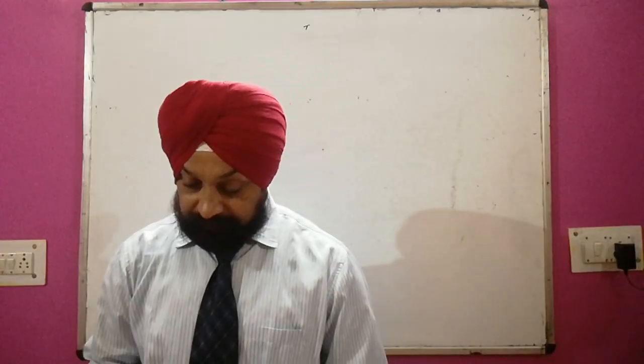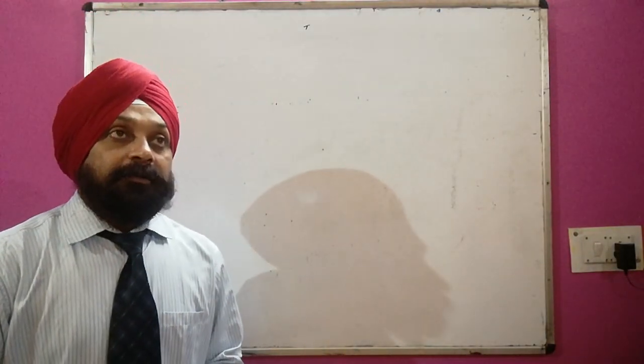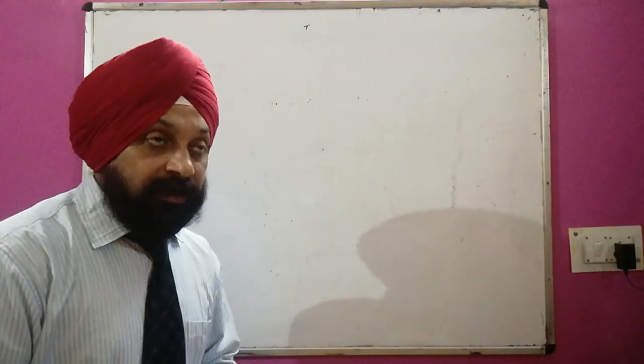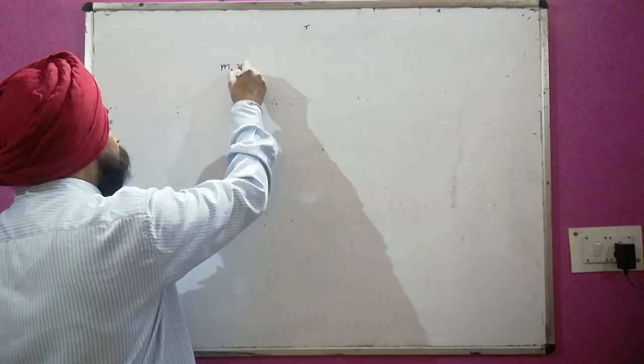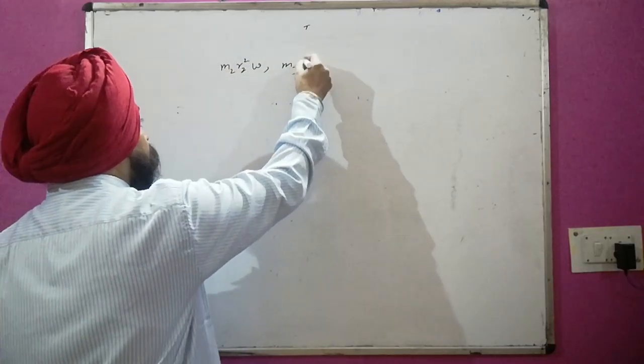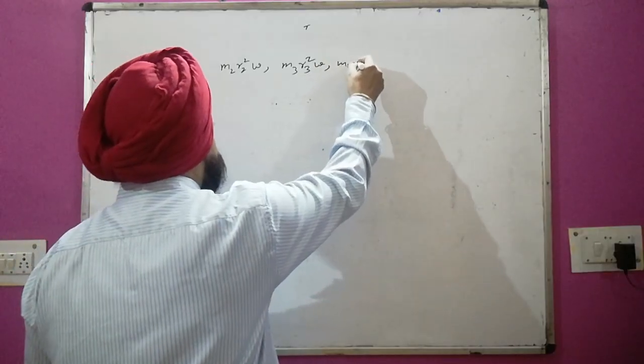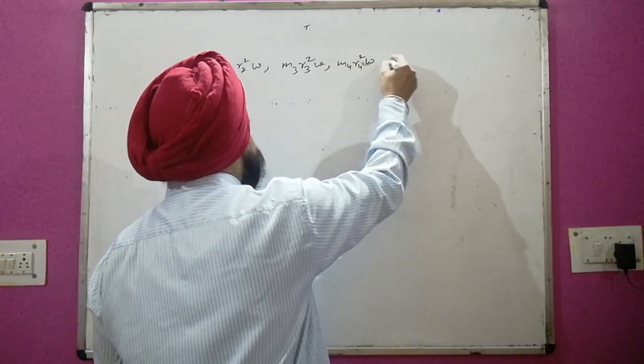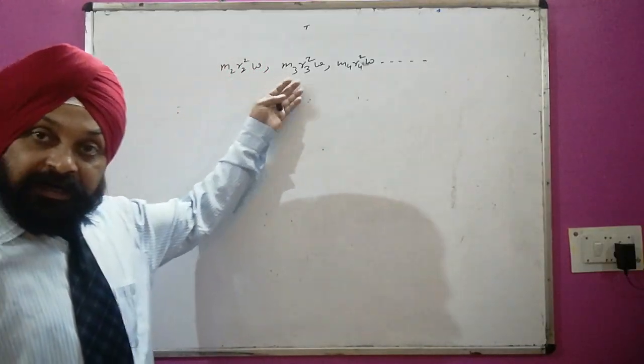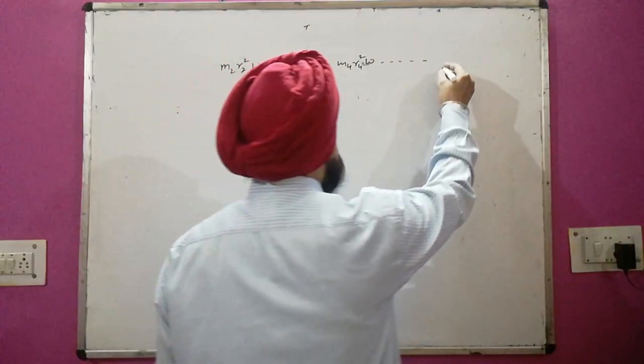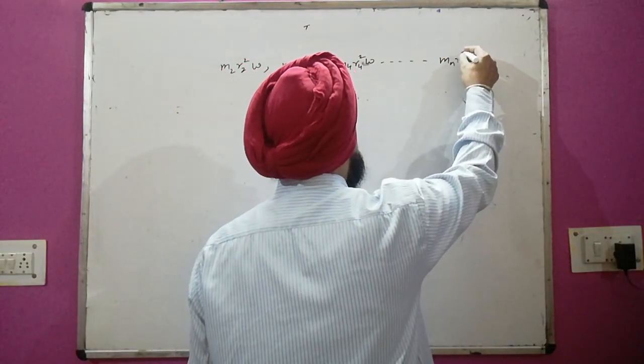Similarly, for other particles of masses m2, m3, m4, and so on, at distances r2, r3, r4, and so on, the moments of linear momenta are m2 r2 square omega, m3 r3 square omega, m4 r4 square omega, plus mn rn square omega.